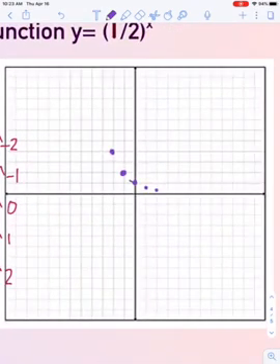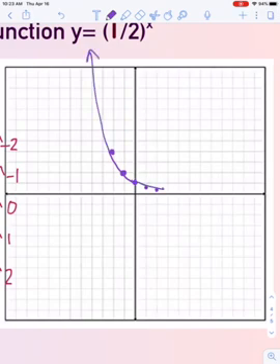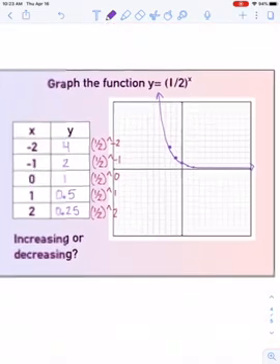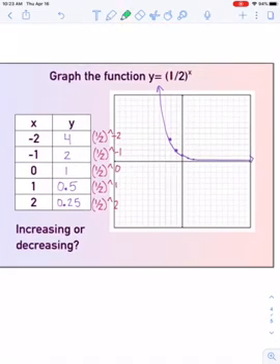Now this one, if you look at it, looks like it's going to go up to the left and come down and get closer to the x-axis off to the right, but again, it's never going to touch the x-axis. So for this one, if you look from left to right, this one is going down, so this is a decreasing function. Okay?